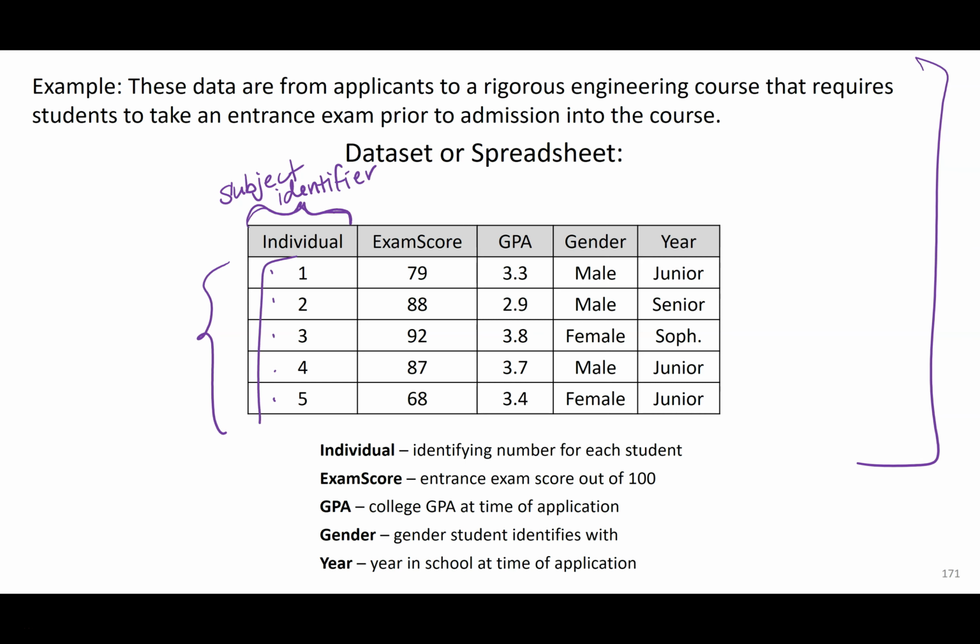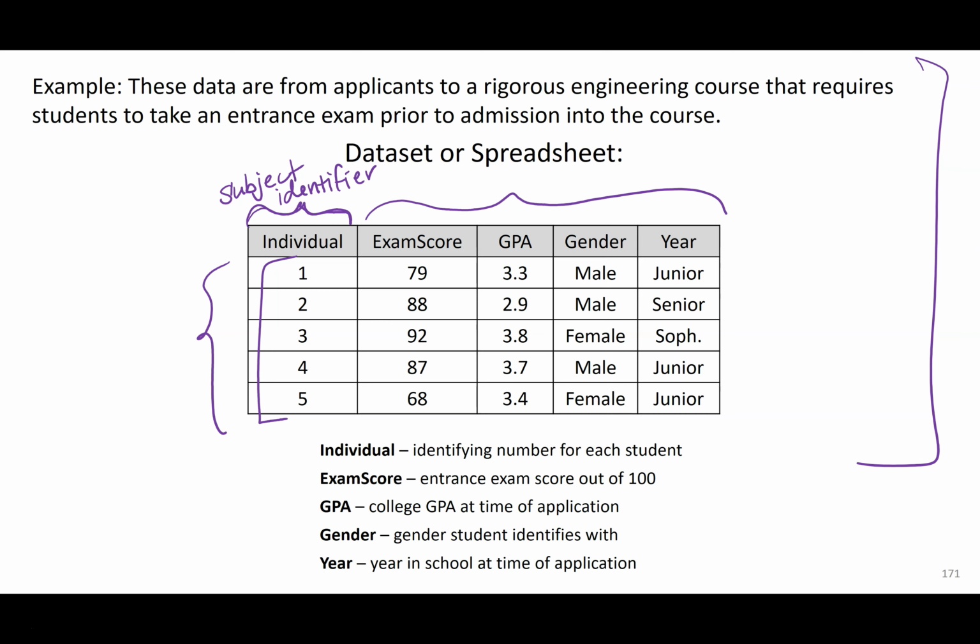It is useful because it tells me I have 5 unique individuals: individual 1, individual 2. I know that they aren't the same individual. A lot of times they could be people's full names or even partial names. They could be ID numbers, student ID, state ID, all sorts of IDs. It depends on the data set. It could even be social security numbers, hopefully not.